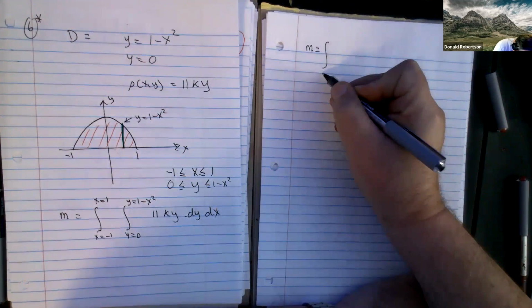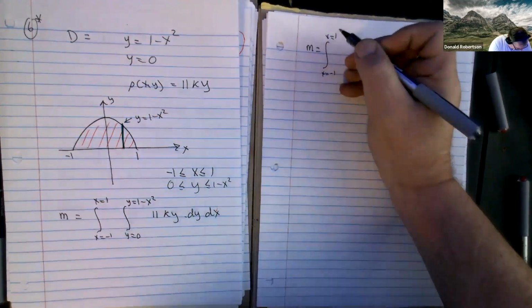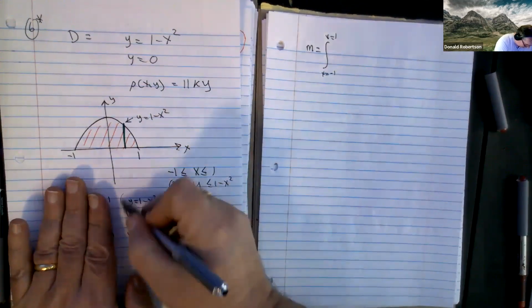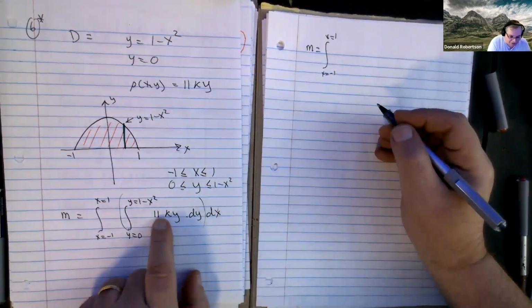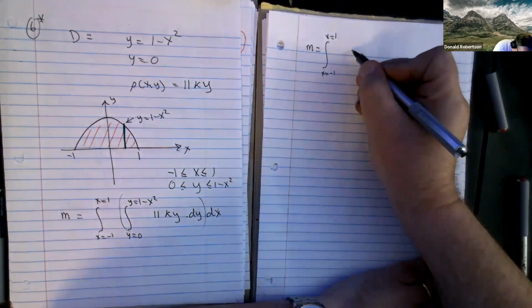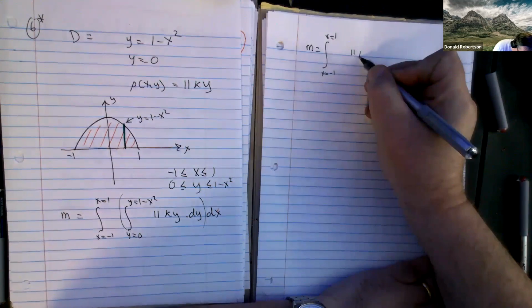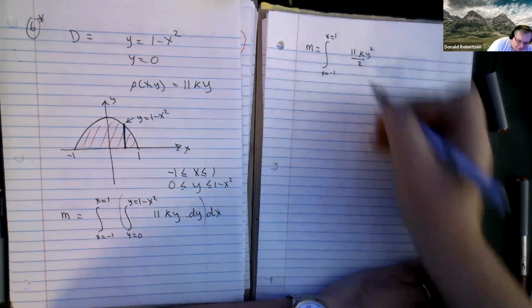It's going to be from x equals -1 to x equals 1. This guy. Well, if you integrate 11ky with respect to y, you're going to get 11ky squared, add 1 to the power, divided by 2.